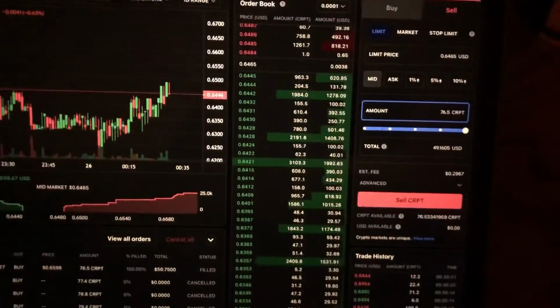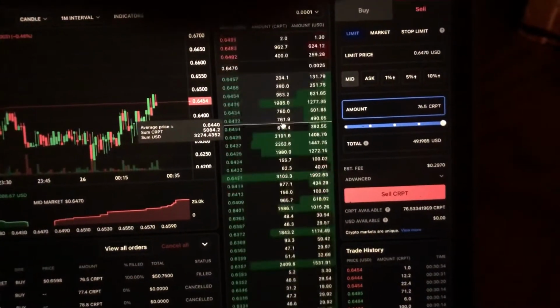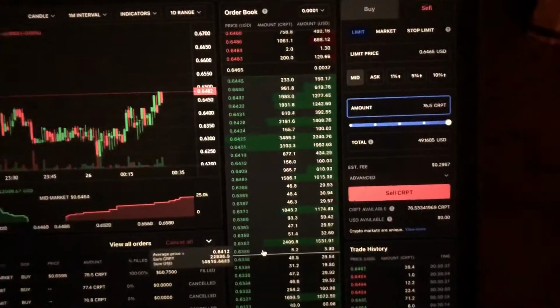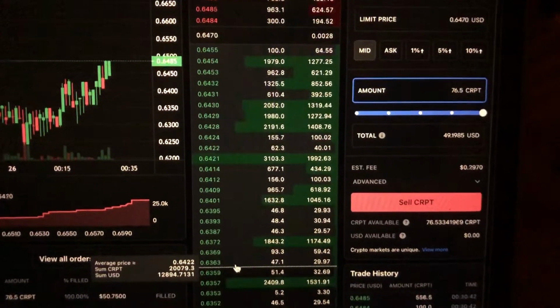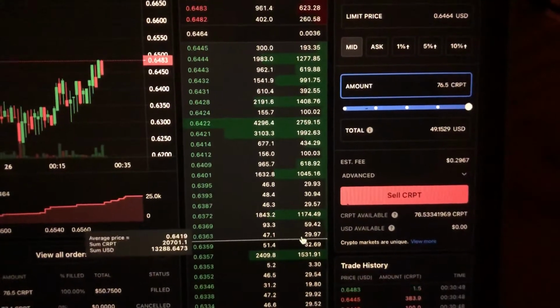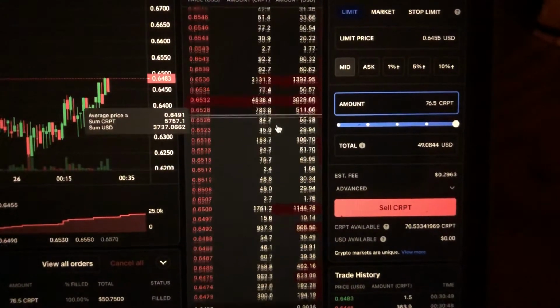But if you come over here and you say, I'm interested in buying this, I think the price is going to go up, you come over here and you see 30,000, 15,000. It's later in the evening, so people aren't trading it as much, but you see 15,000, you see 20,000, you see 7,000 lined up, and you come up here and you see just a couple thousand.